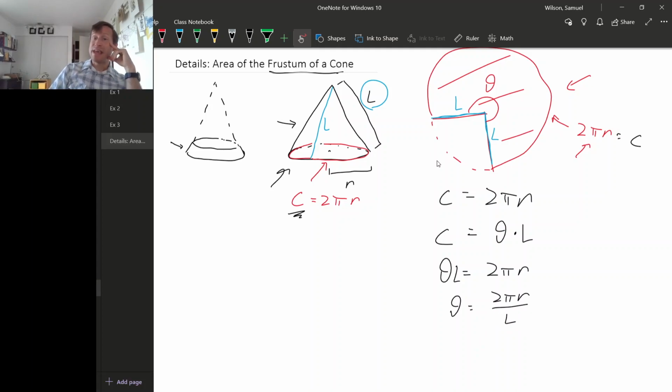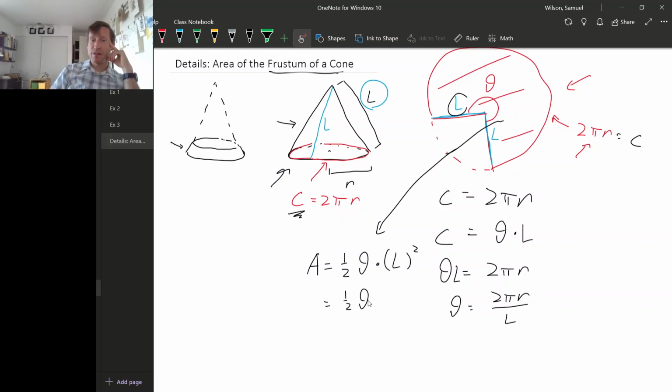Okay, and then the area of part of a circle, right, the area of just part of a circle is 1/2 the angle times the radius squared. And the radius of this big circle is L. So 1/2 theta L squared. But we just found theta, so let's put that in.